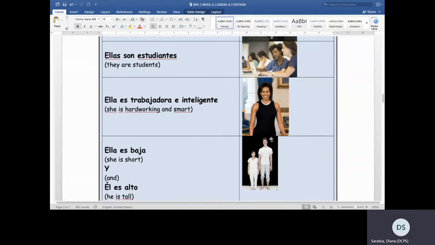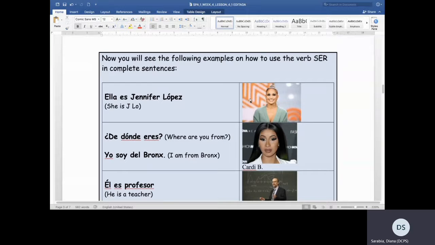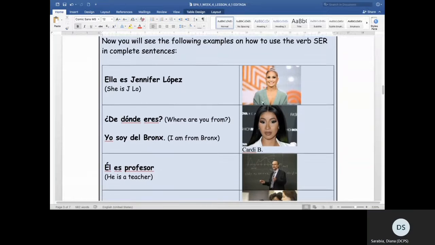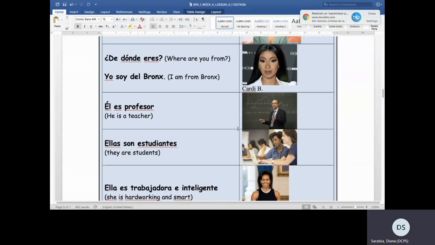So let's see what we did with the verb to be here. We identify people. Ella es Jennifer. We identify the nationality or the state or the neighborhood somebody is from. Yo soy del Bronx. We identify the occupation.